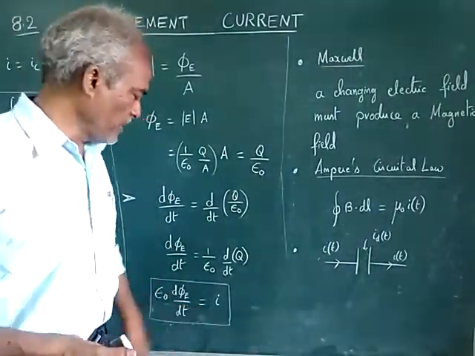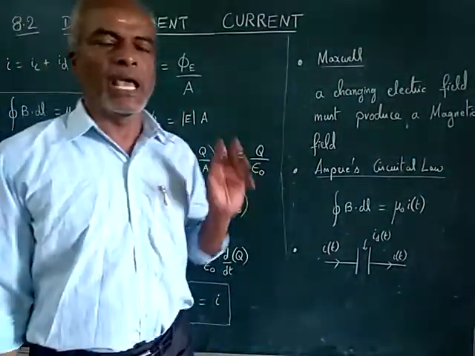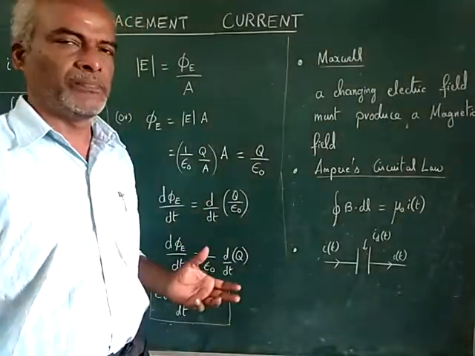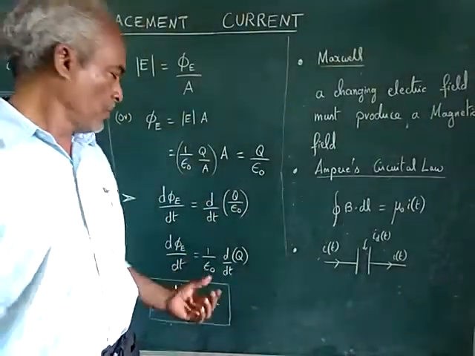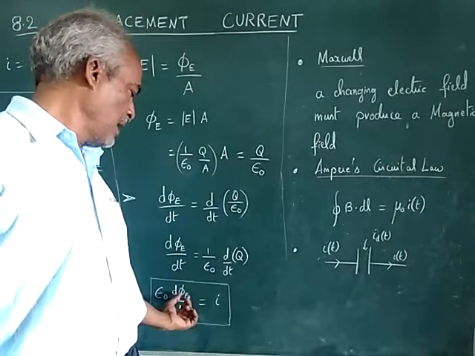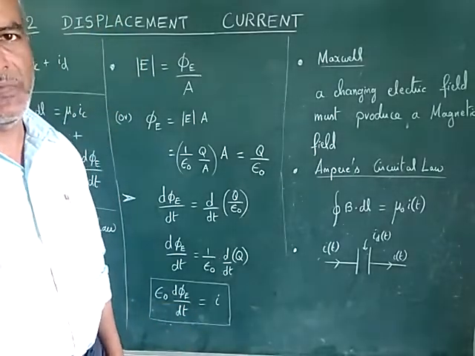So this is going to be the conduction current, and a time varying electric flux or electric field will create what? A magnetic field.